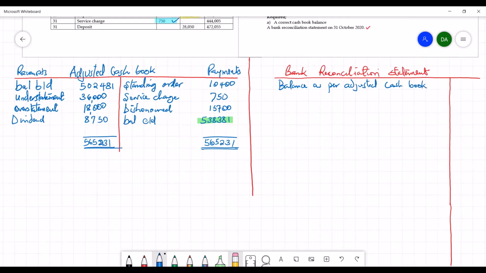That balance is an amount of 538,381. Then to that balance, I need to add unpresented checks. These are unpresented checks at the end of the period. At the end of the bank reconciliation period, such unpresented checks is what I'm talking about.